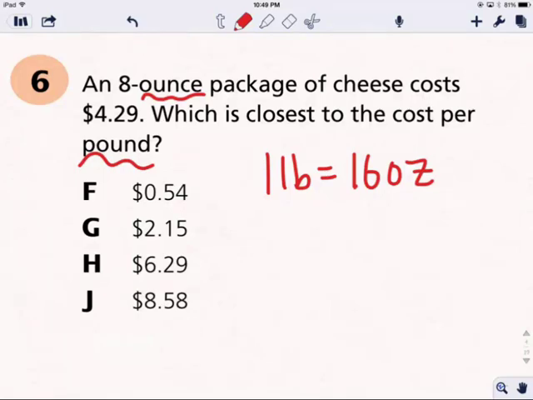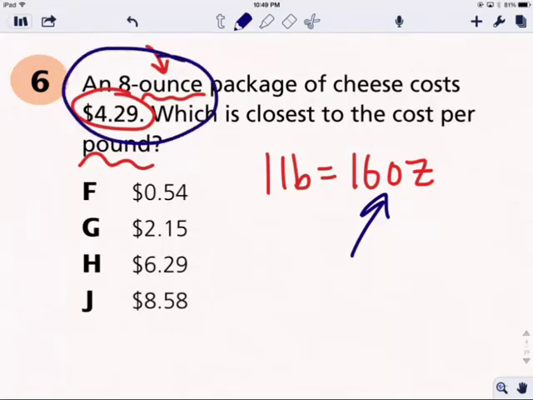Now, technically, this is a train track type problem, but I think that you can reason through it without using train tracks. Try this. If 8 ounces cost this much, and we want to know the price per pound, that means we want to know the price per 16 ounces, which is twice the amount that we have.